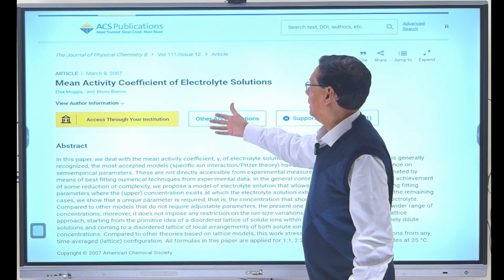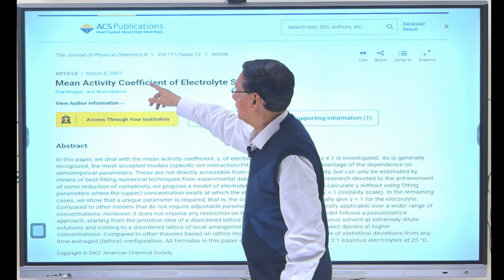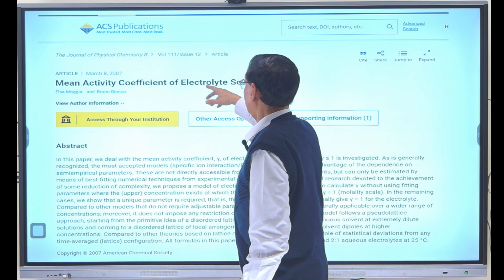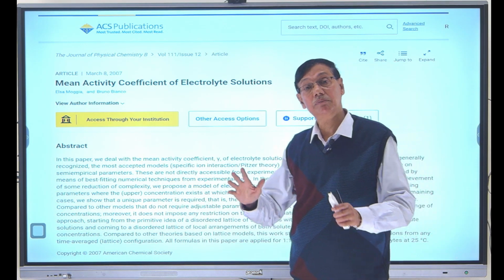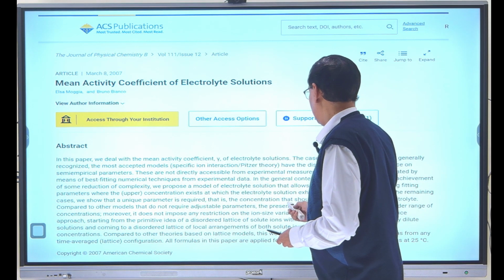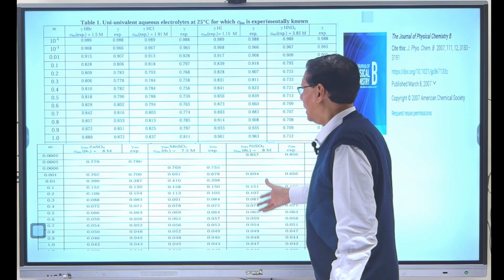So similarly, if you see the large number of research papers, Journal of Physical Chemistry, mean activity coefficient of the electrolyte solution, published in a very good journal, Journal of Physical Chemistry B, by same EMF method, and the results are like that. You see, there are a large number of examples.